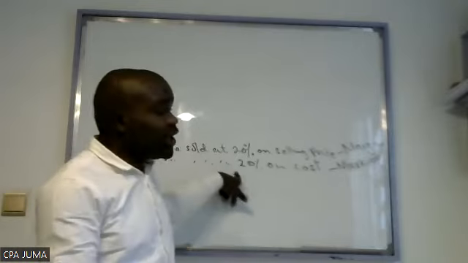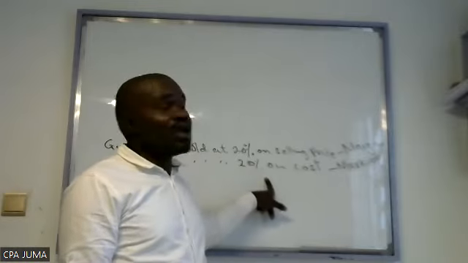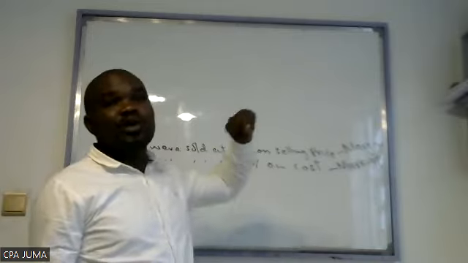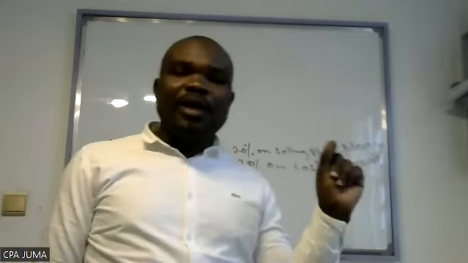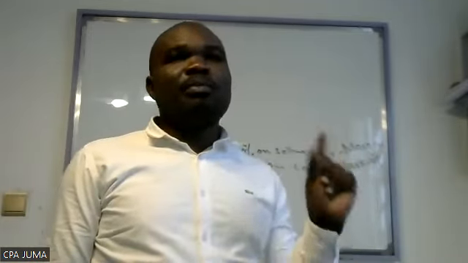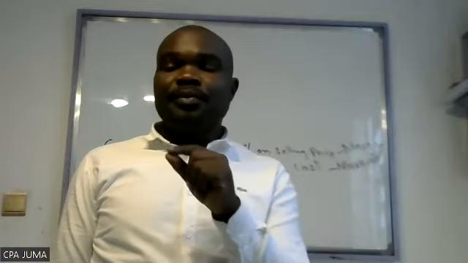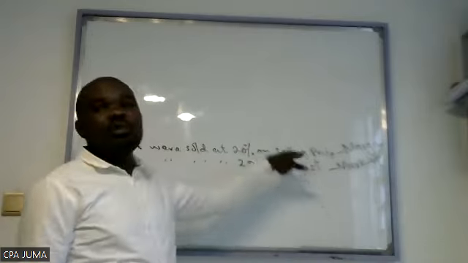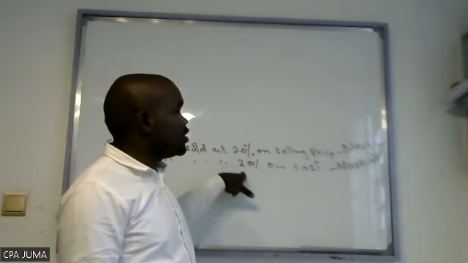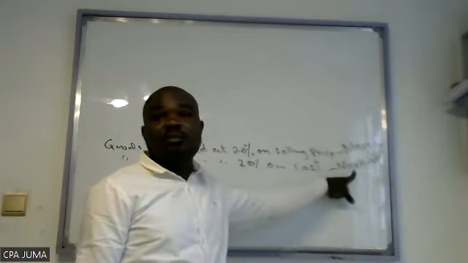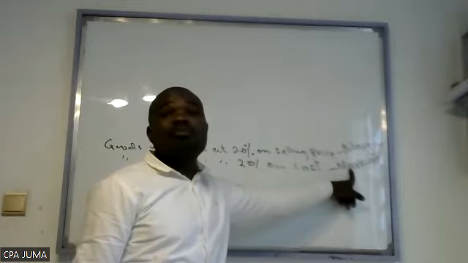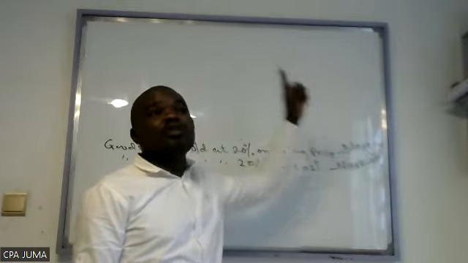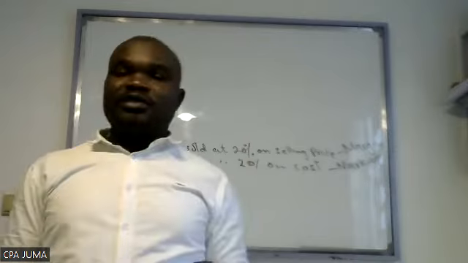And now this second one is the one they love most. They'll be telling you profit on cost. So don't apply profit on cost directly when calculating UPI. If they give you profit on cost, you must convert, because profit on cost is markup. You have to convert the markup into margin when you calculate the unrealized profit.